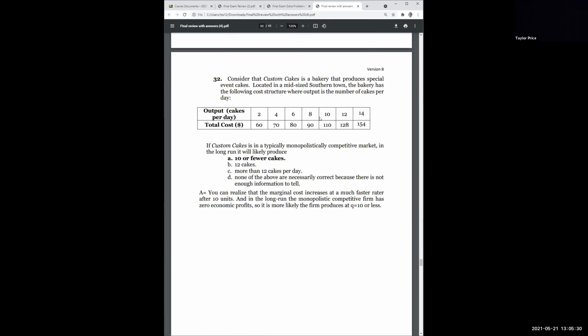But if you're moving from 10 to 12 and then it decreases a bit, that's really unusual. Does the idea of marginal cost, does that process make sense?